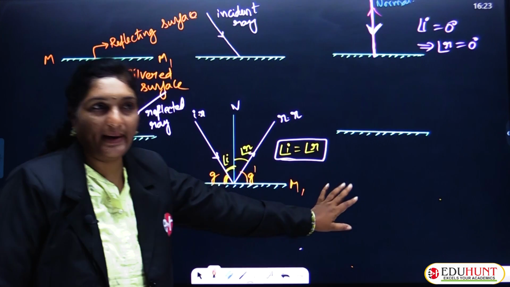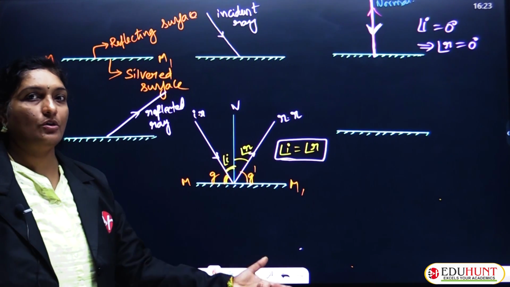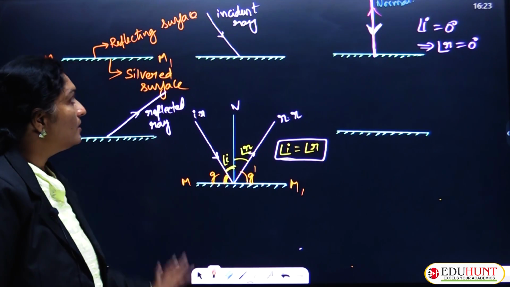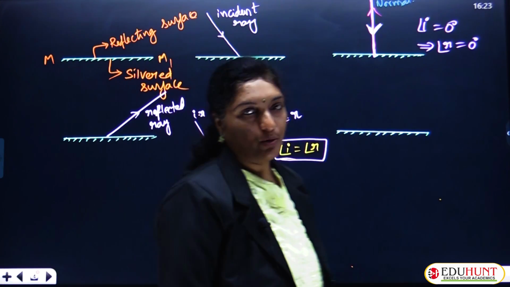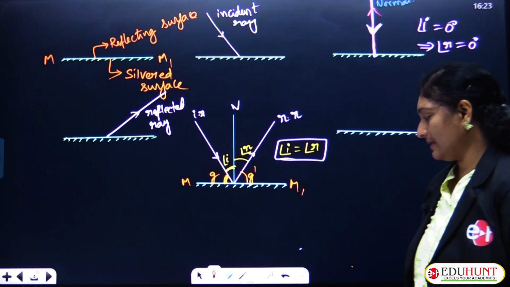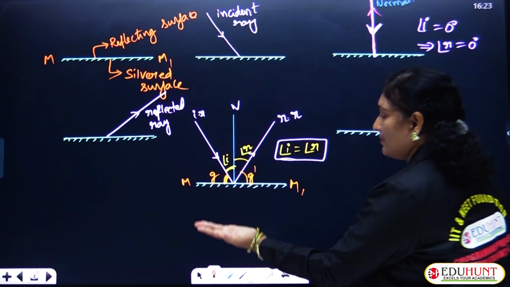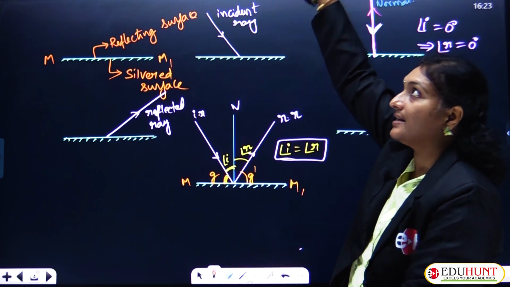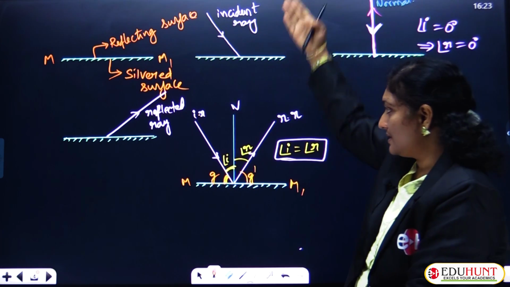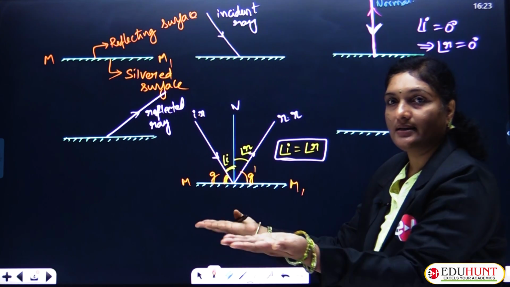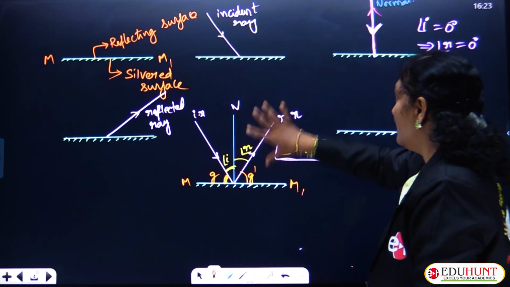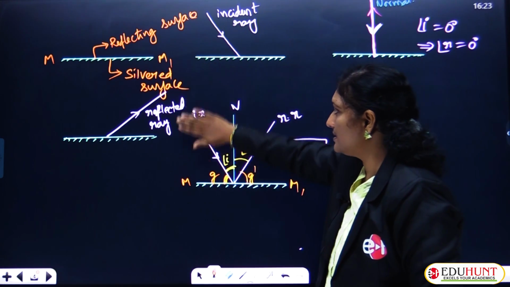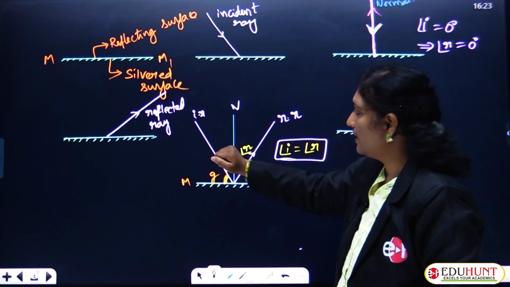This blackboard is a plane. So, you know 2 dimensions, 3 dimensions, you are clear with all these things. You can imagine this whole blackboard itself as a plane. And if we suppose one more horizontal plane like the floor or ceiling is taken, that is another plane. This is one plane, and perpendicular to that is taken another plane. So, if you consider, this incident ray lies in the same plane of the blackboard.